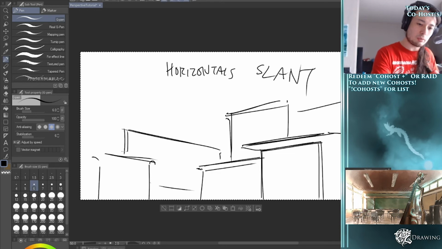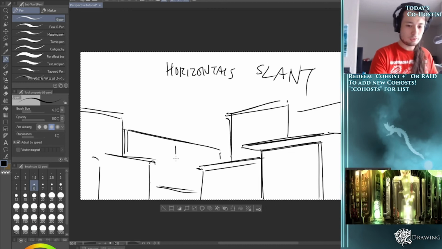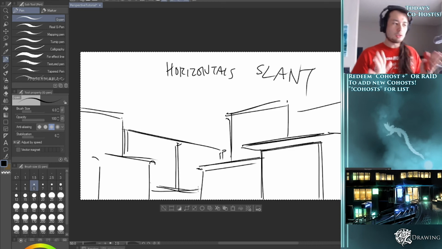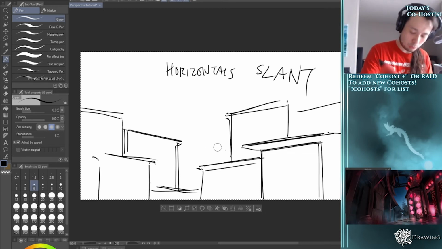Now, you might say to me, hey, is that isometric? I'm not sure they converge. I don't know, maybe it is. The two are very similar. And if you want it to not be isometric, you can adjust this a little bit. But when you're just trying to find quick and easy ways that don't actually use perspective to make it feel like a real space, remember that horizontals slant.